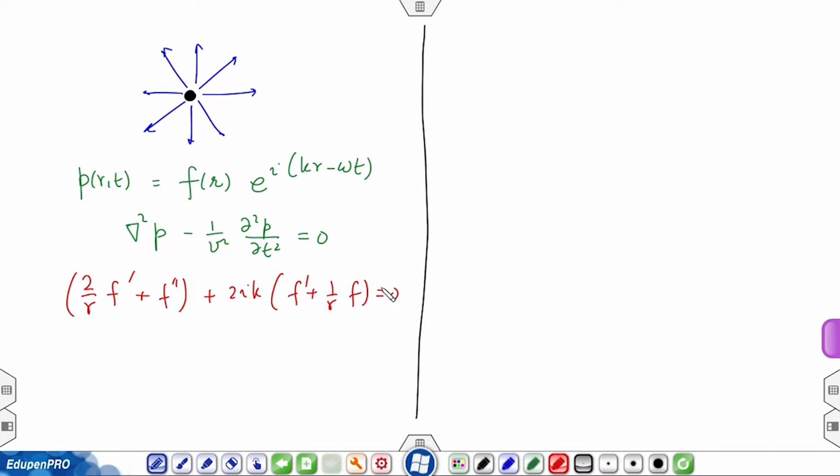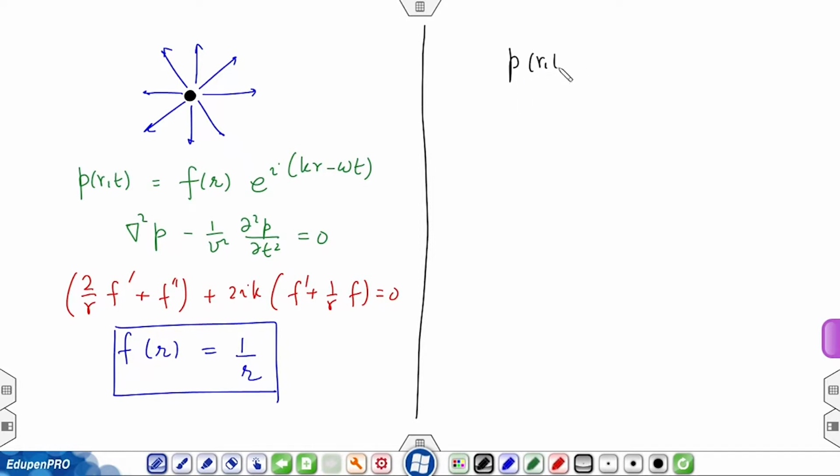The real and imaginary parts both are going to be independently 0, and therefore, I get f(r) equals 1 over r. It satisfies both the equations. The real part is 0 and the imaginary part is 0. Therefore, I can easily write that the pressure p(r,t) goes as some constant over r e raised to i(kr minus omega t).